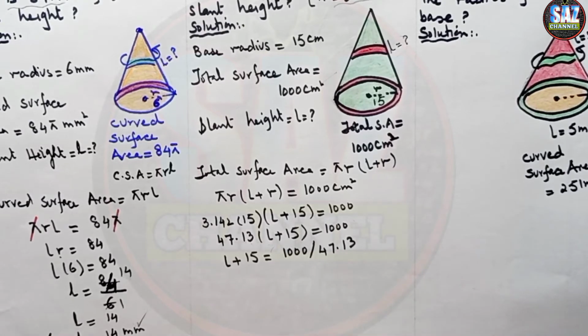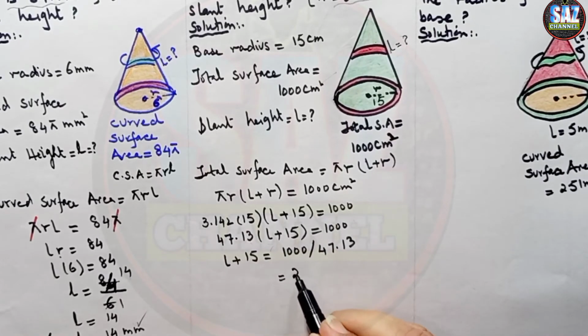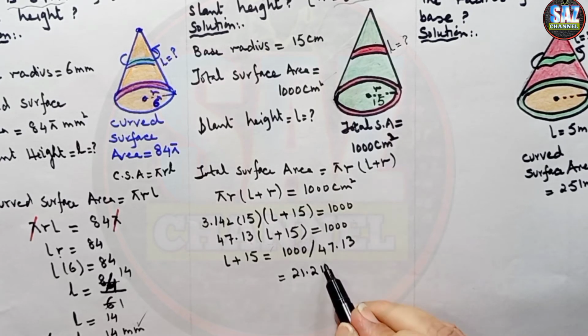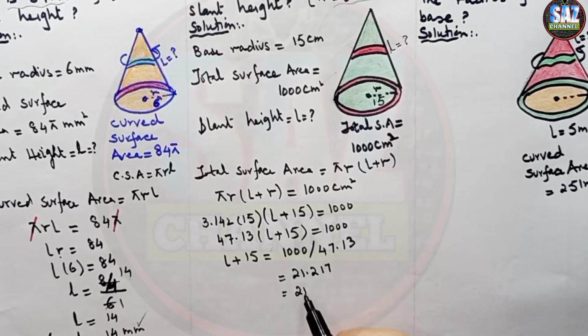And 1000 divided by 47.13 gives me 21.217, so I can take it as 21.22, L plus 15.